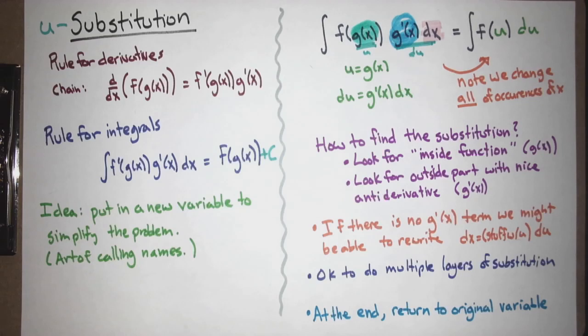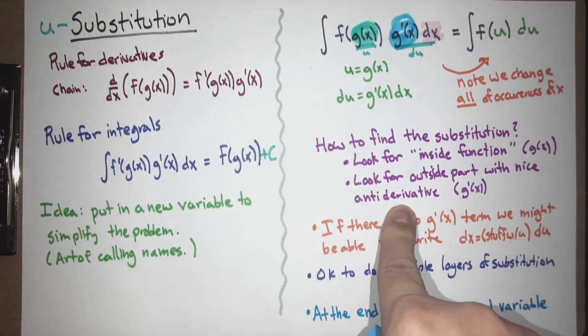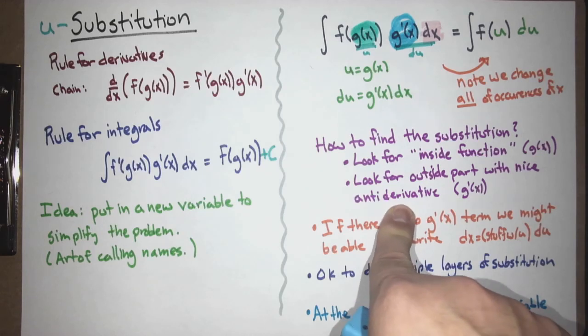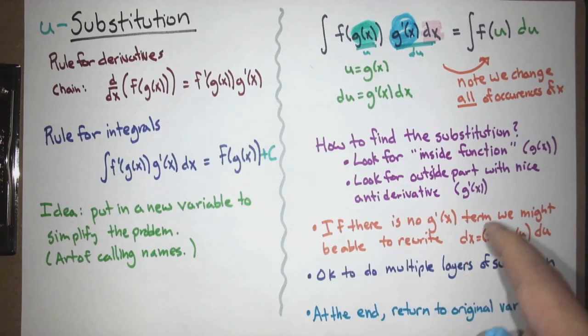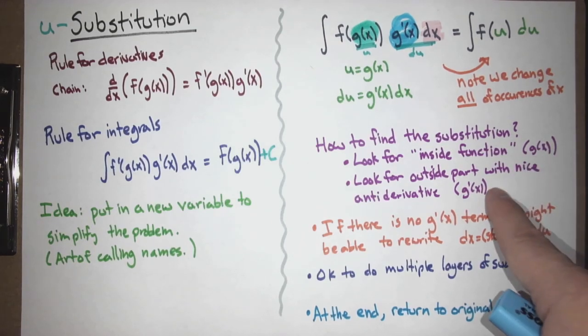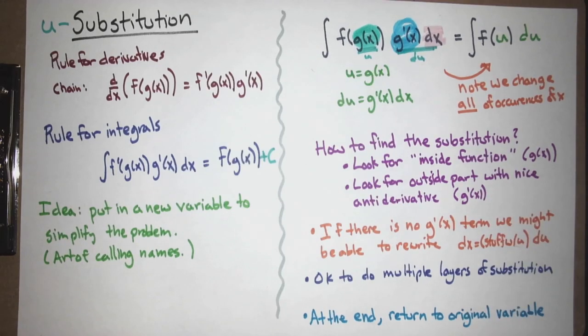Well, what are we looking for? We're looking for some piece of it which is easy to integrate, just that piece. That could then be a potential substitution to make. So those are our two things. Find a function on the inside, look for some piece of it that's easy to integrate. And those are your two places to look.